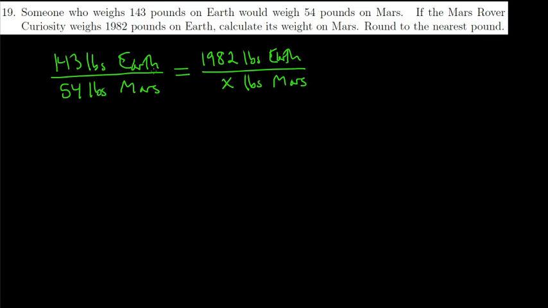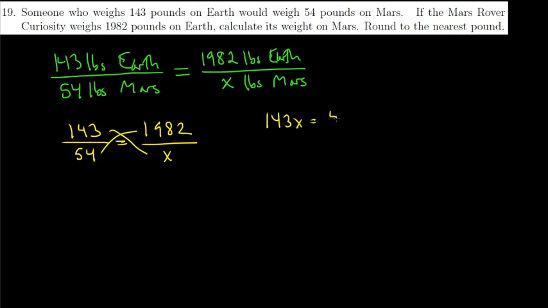So these have to be equal, right? These have to be essentially proportional. So you're just solving what I think is a very simple proportion, right? And you can just cross multiply. 143 times x is equal to 54 times 1,982, and I will confess I cannot do that in my head, so I'm going to just get out a calculator.